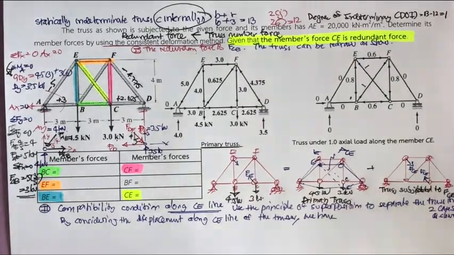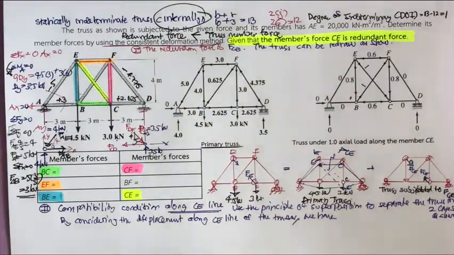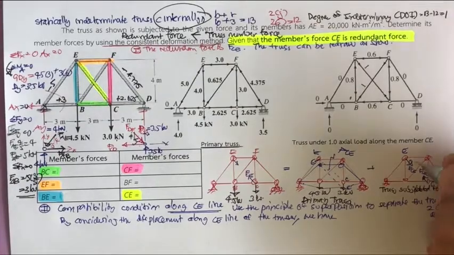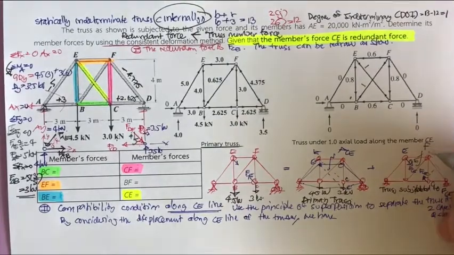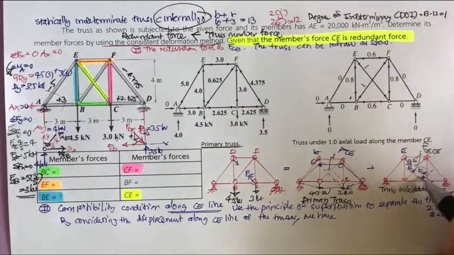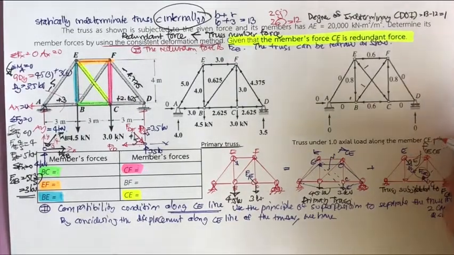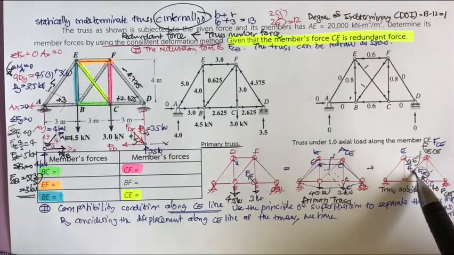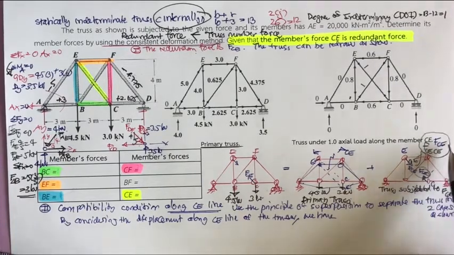And this one also, when it's subjected to this force, this point is supposed to be moved. Usually the CE is going to move to C prime and E prime. Okay, and we say this is going to be F sub CE CE when the redundant force is 1.0. And if you times it by the total redundant force, the total deformation or displacement at this truss is going to be F sub CE CE times the redundant force.